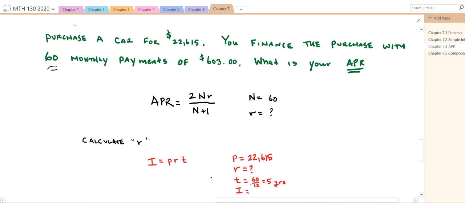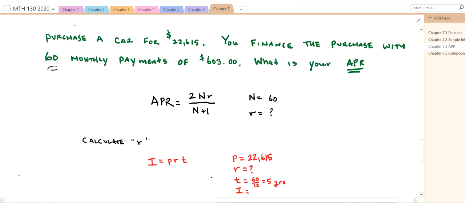And finally, in order to calculate R, we need to have three others of these known. We need to figure out what I is. Now, I is not explicitly stated up there either. But we do know this: we know how much money we're going to have to pay in total, and from that, we can calculate what our interest was. So what do I mean by that?